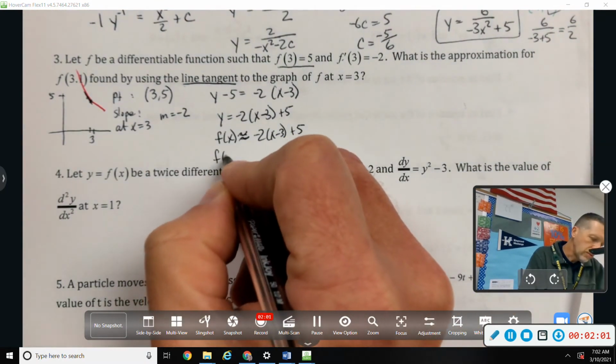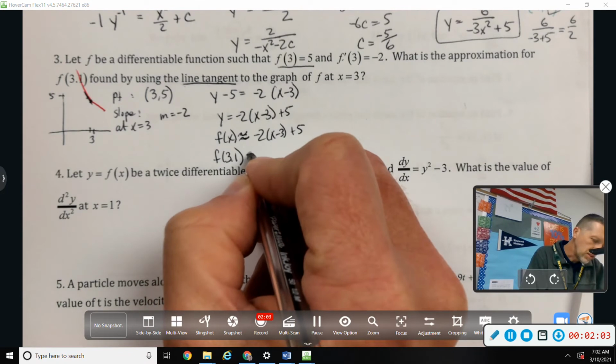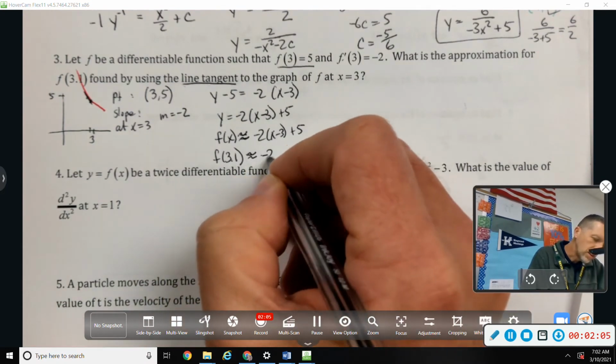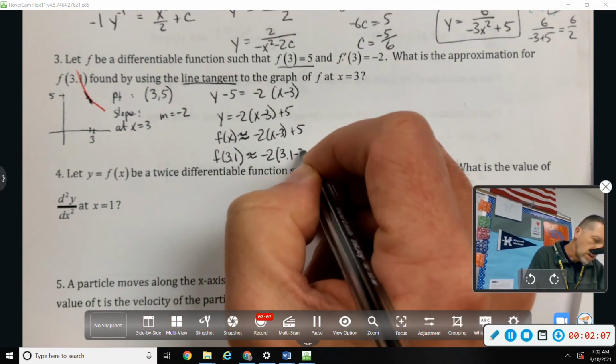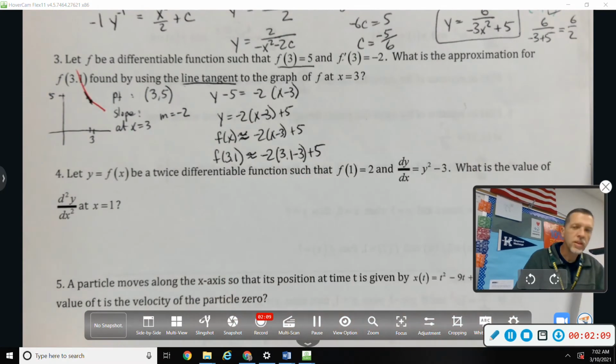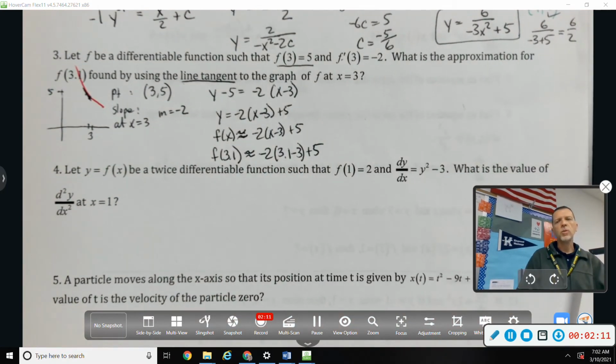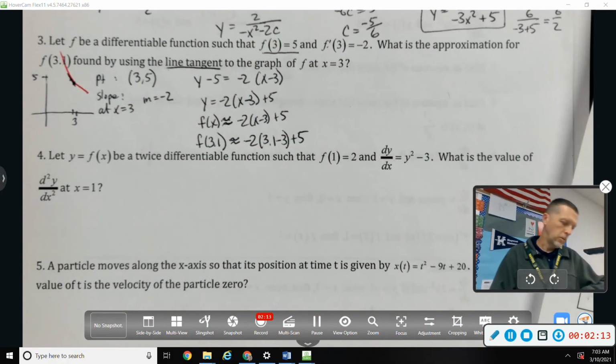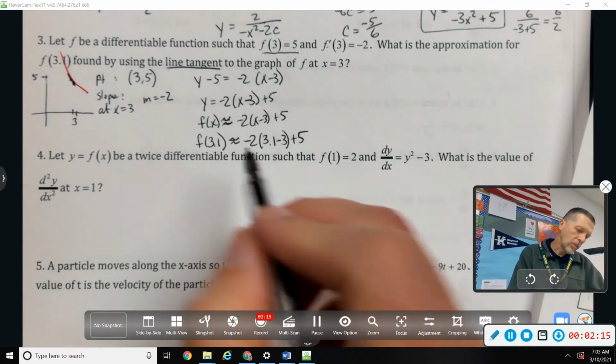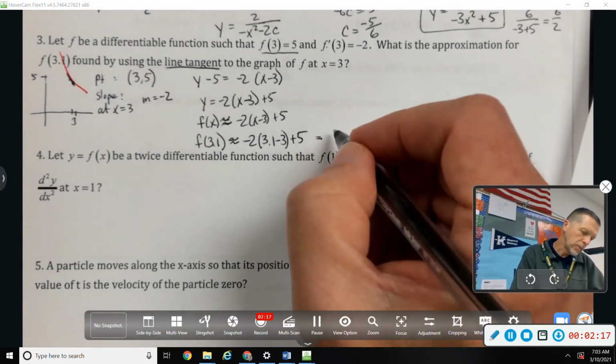So f of 3.1 means let's plug in 3.1, and that would be a safe stop. I think this is a multiple choice question on the test though, so we would want to keep going, but that's our approximation. We clean that up a little bit.